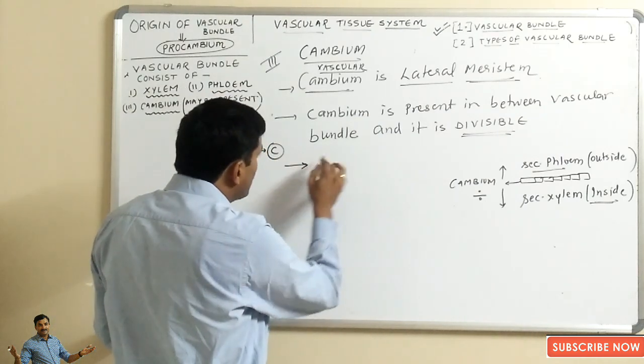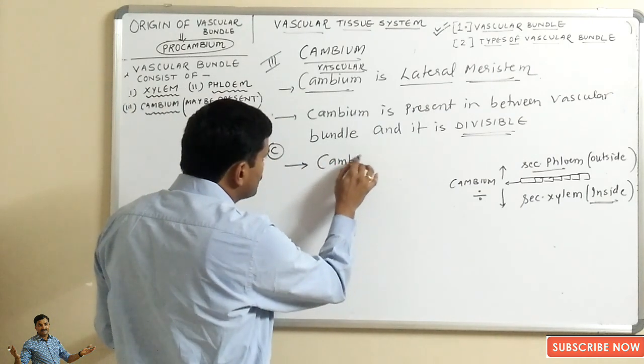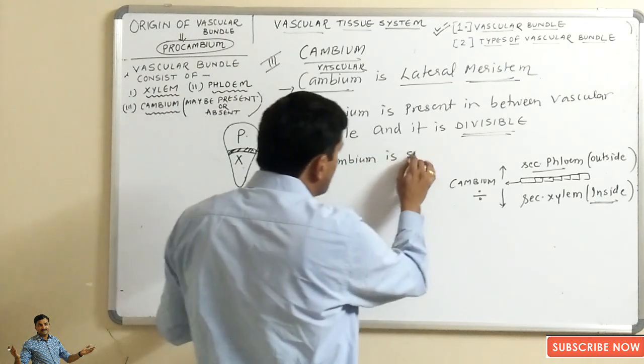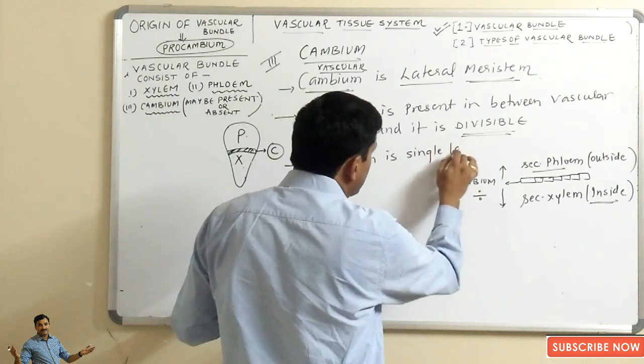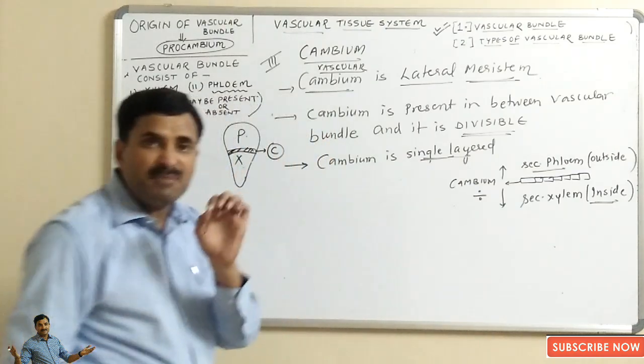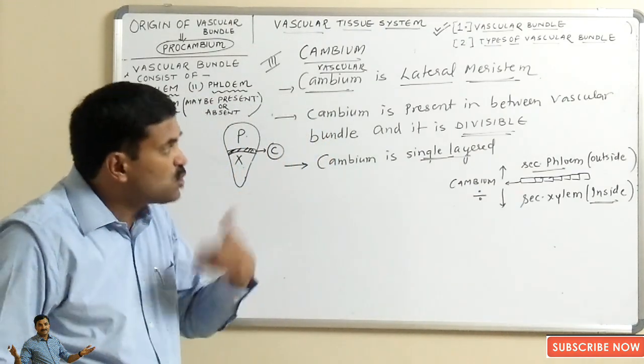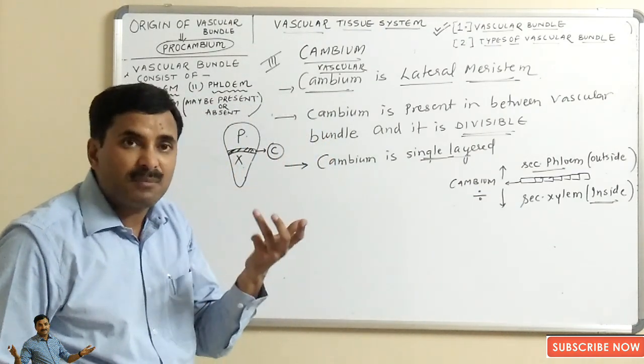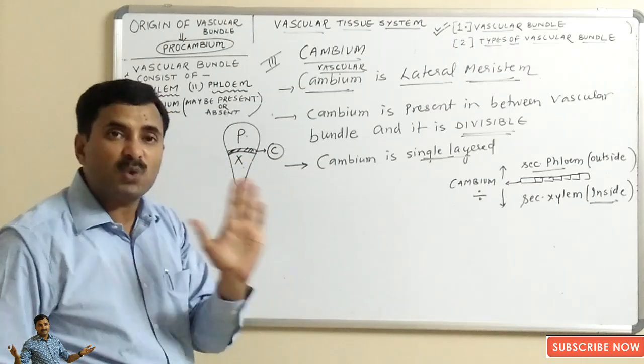Okay, the next point is that cambium is single layered. Basically cambium is single layered, but it seems to be multi-layered. But in actual, the cambium is always what?